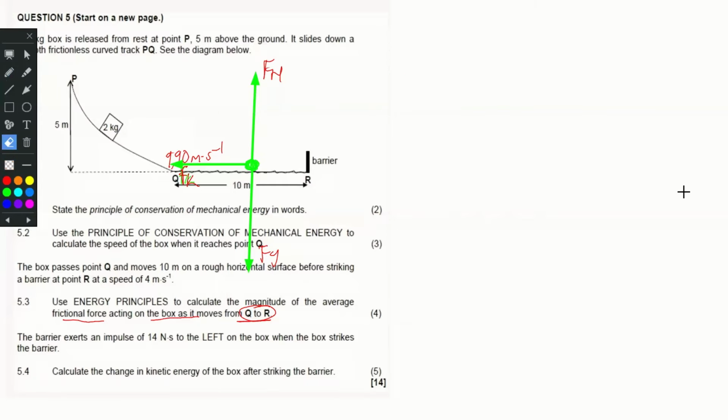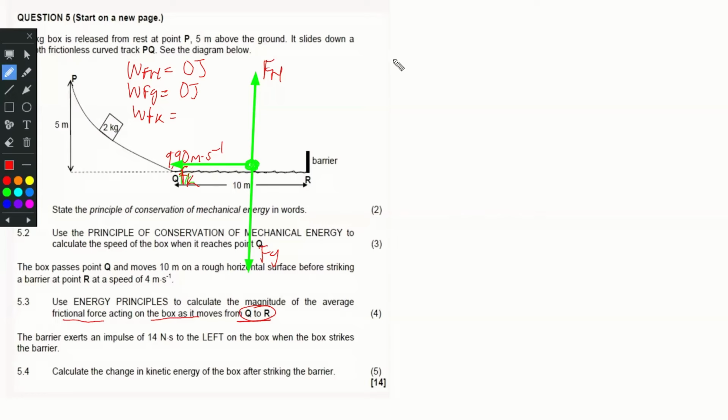So we already know that work done by Fn will be 0 joules, and work done by Fg will be 0 joules. So the only force that is doing work here on the object will be the work done by Fk. Fk will be the only force that's doing work. And what kind of work?